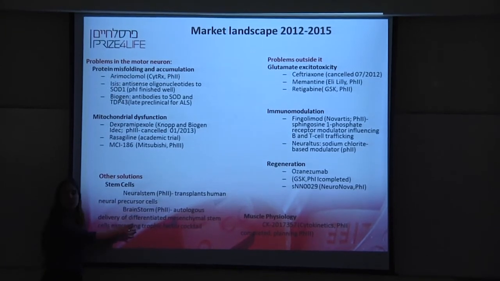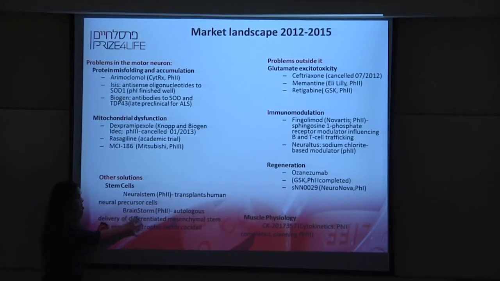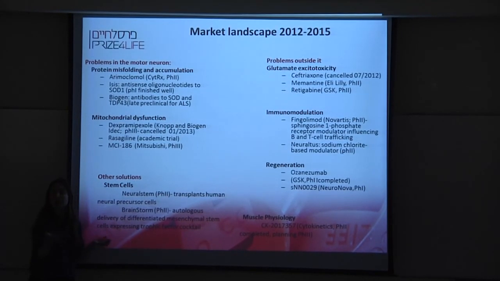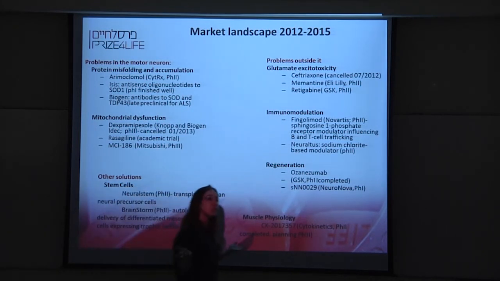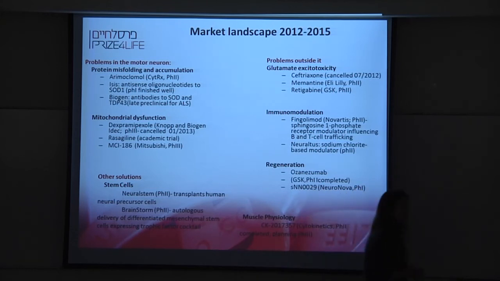Then they would integrate into the motor neuron network and secrete various growth factors. So you see that really all of these approaches are being tried by different companies. Every CEO has their own pet pathway, so different pathways by different companies.